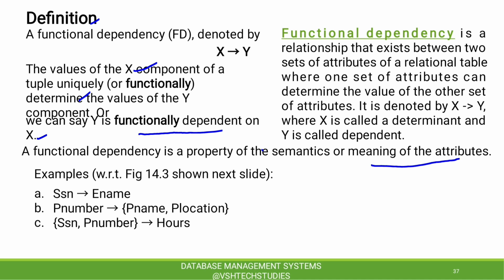Examples for functional dependency are: SSN value determines the value of employee name. P number value, that is project number value, determines the values of project name and project location. Similarly, the combination of SSN and project number value determines the value of hours.